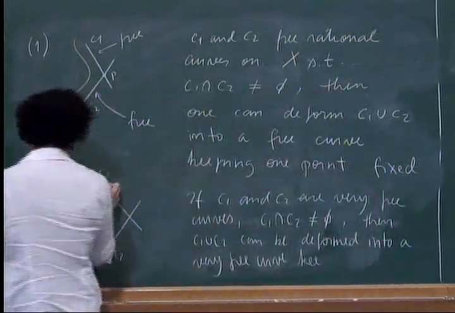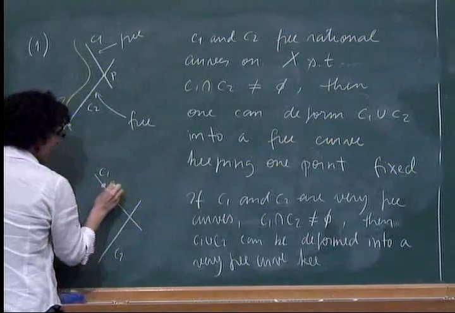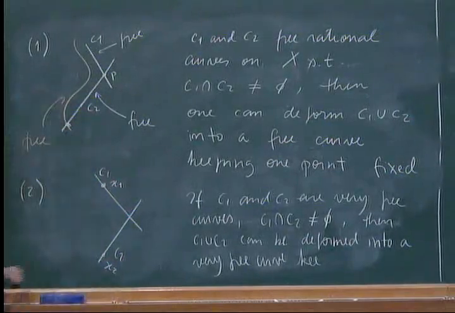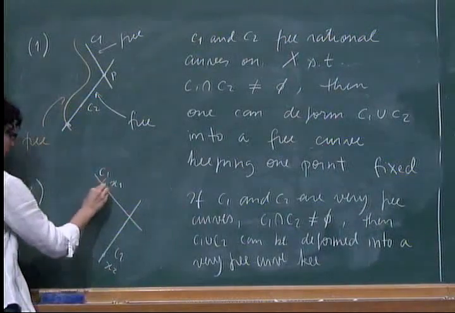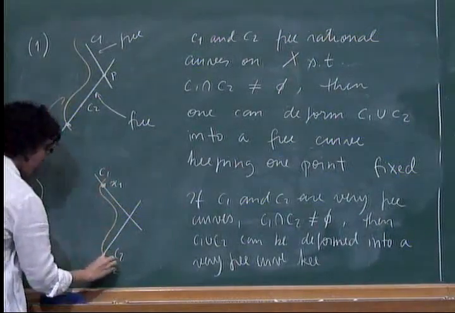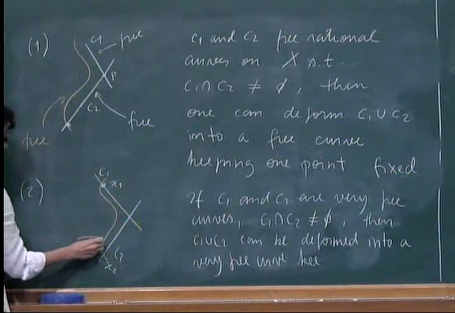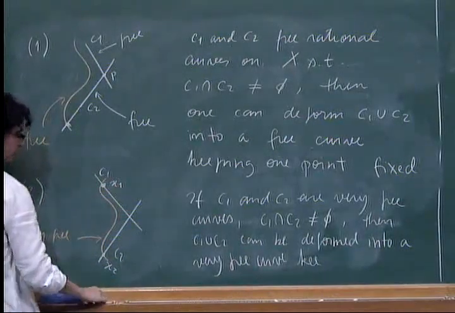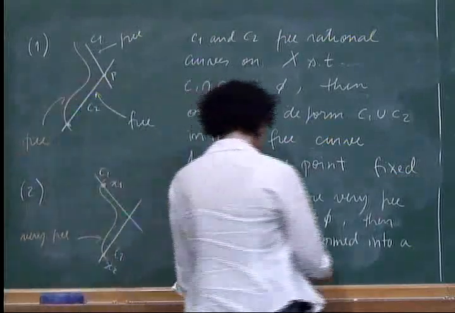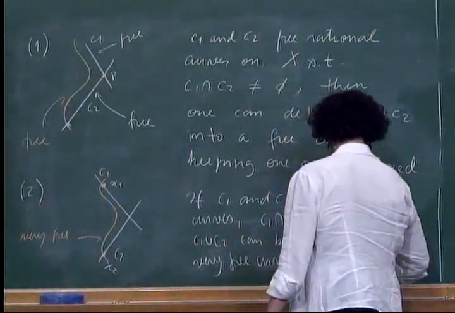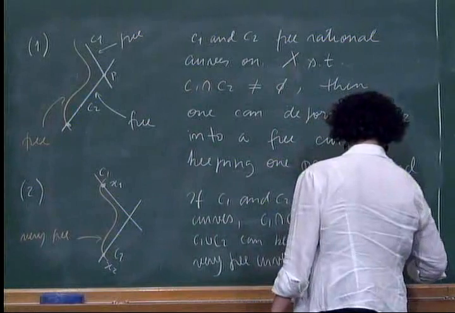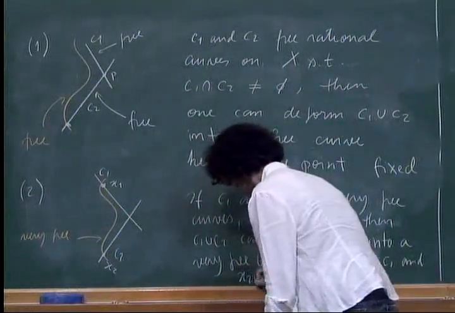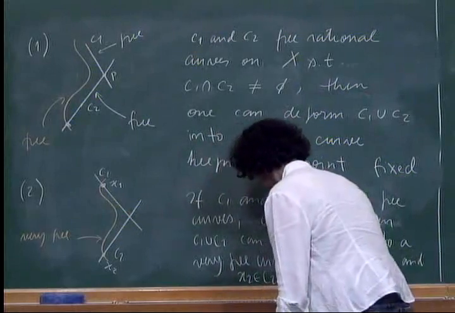So I choose one point in C1 and one point in C2, and I am able to deform this reducible curve into a smooth, very free curve, keeping x1 in C1 and x2 in C2 fixed.